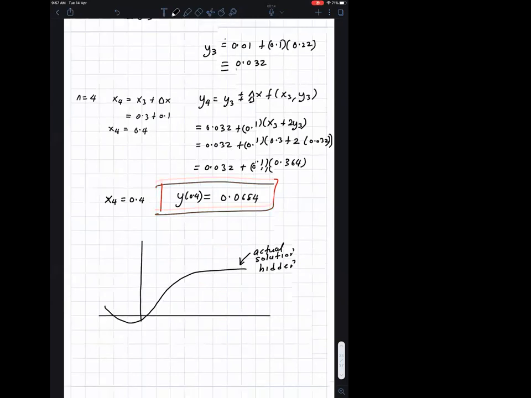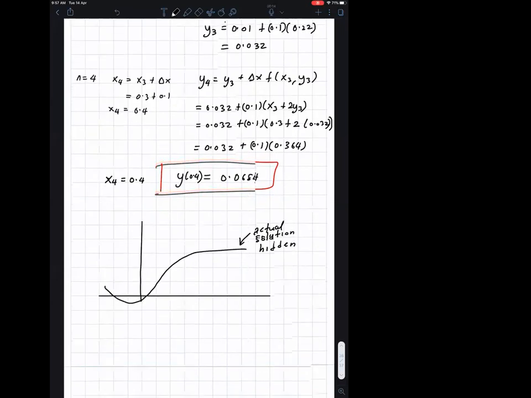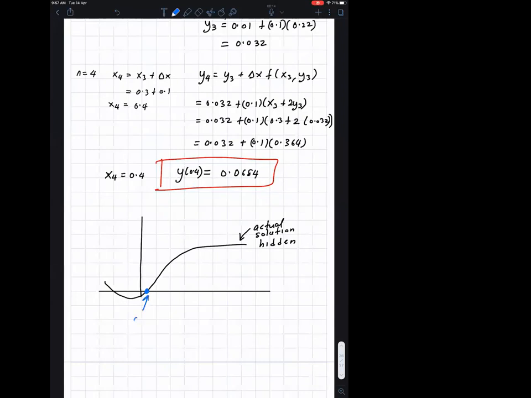Given an initial condition, we are calculating all these corresponding values.